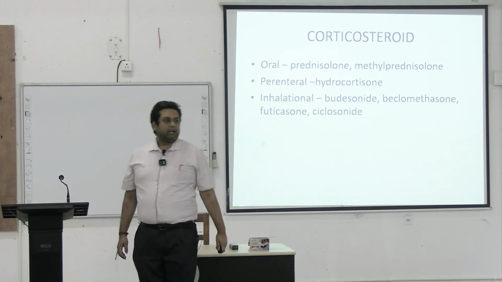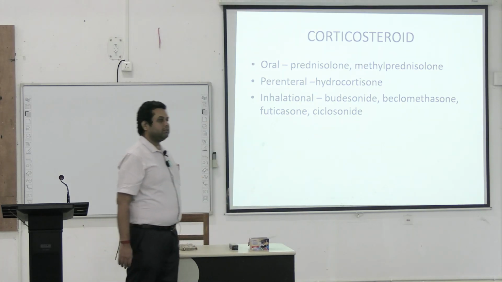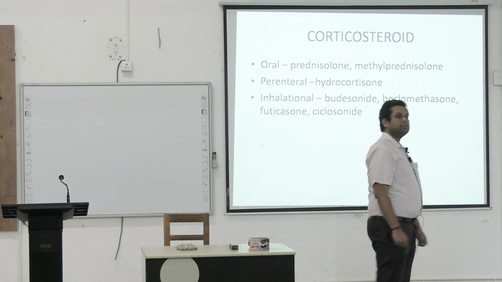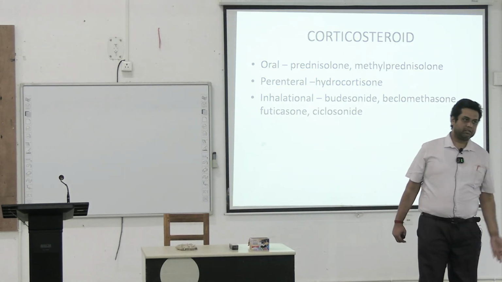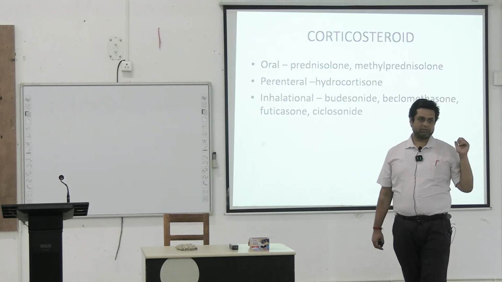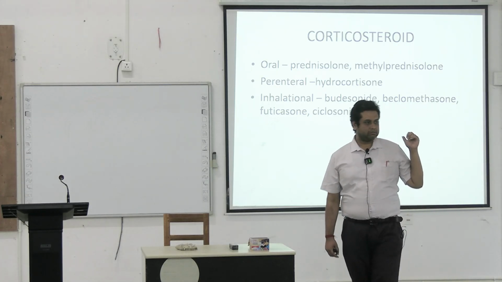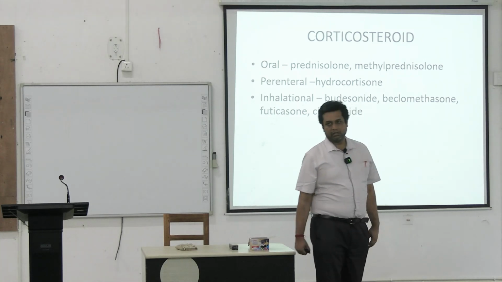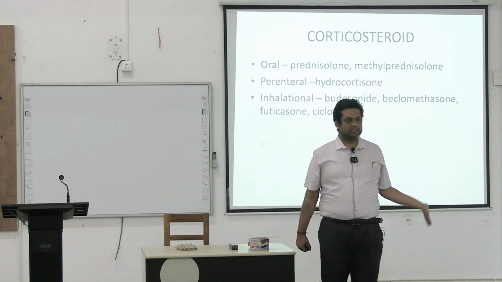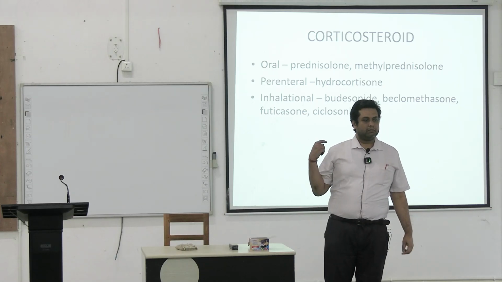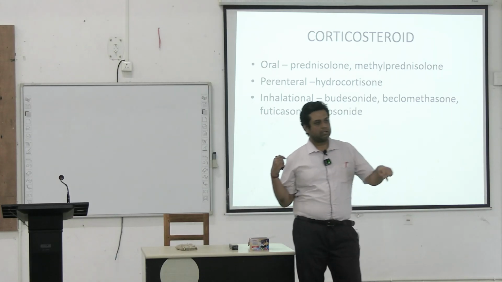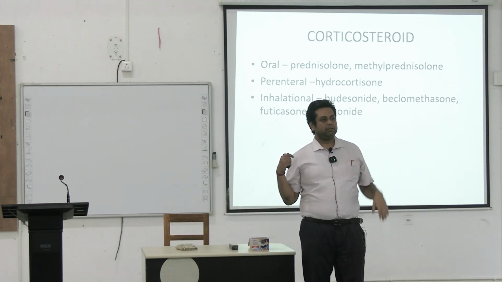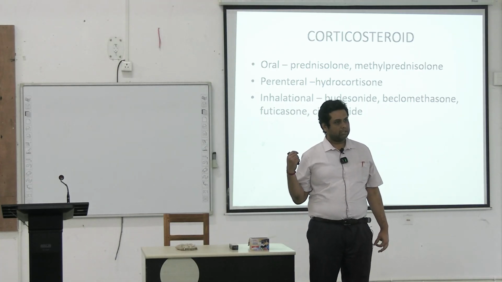Parenteral corticosteroid hydrocortisone is used in case of emergency, given IV. Then inhalational corticosteroid has the same advantage as inhalational beta agonist: it goes directly to the site of action and has very low adverse effects.